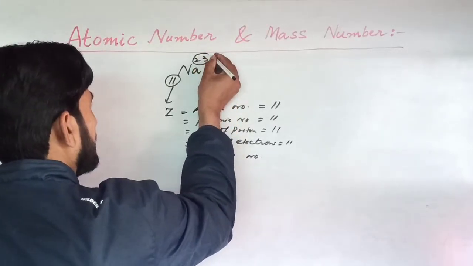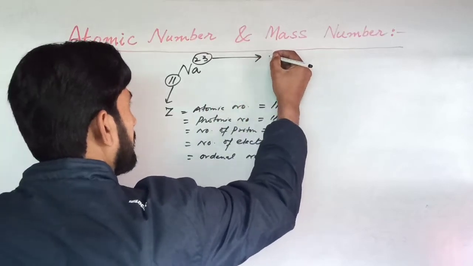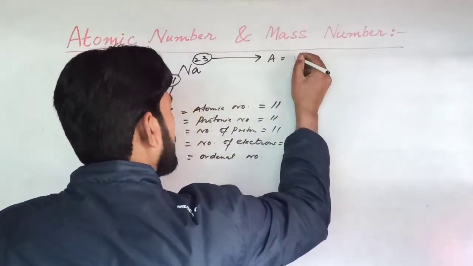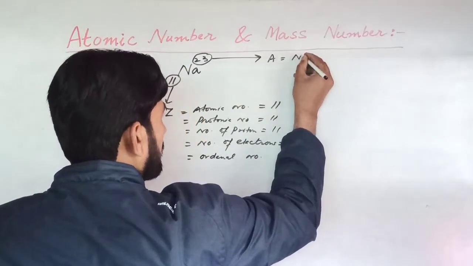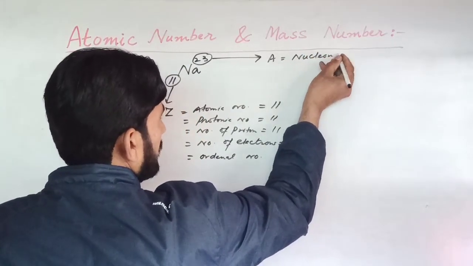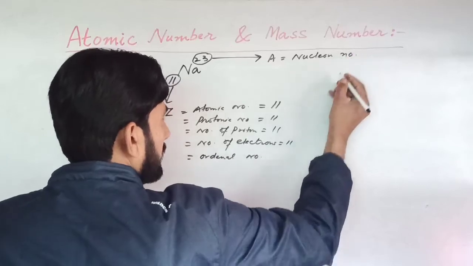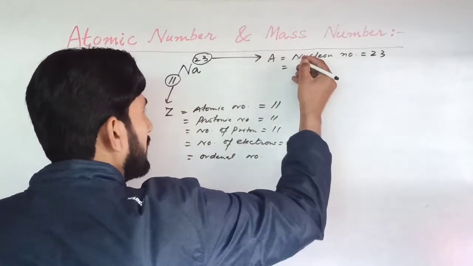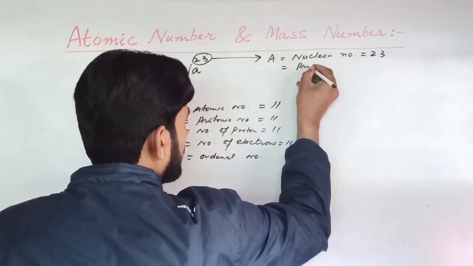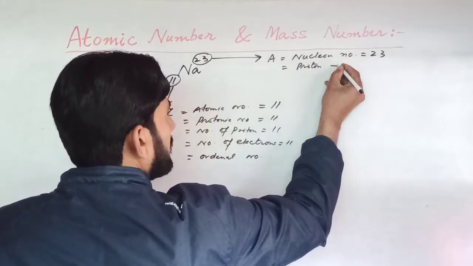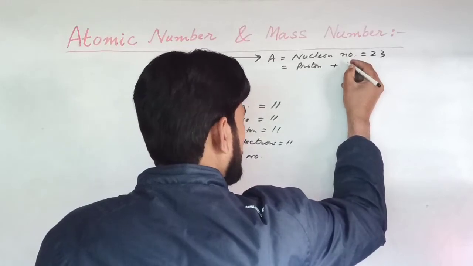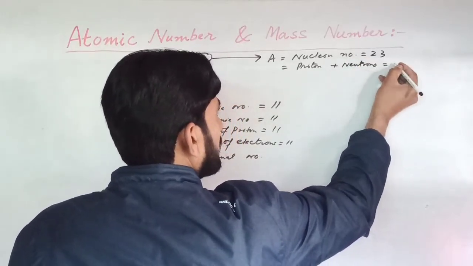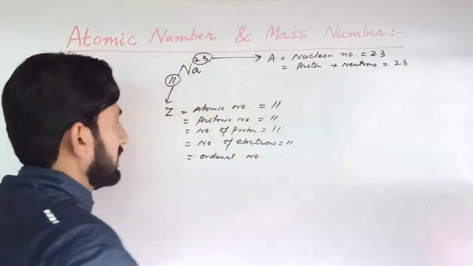23 indicates the mass number A, which is also called the nucleon number. Nucleon number, which is 23, is also the sum of protons plus neutrons.